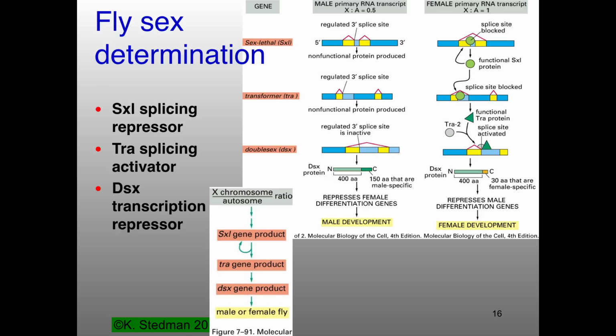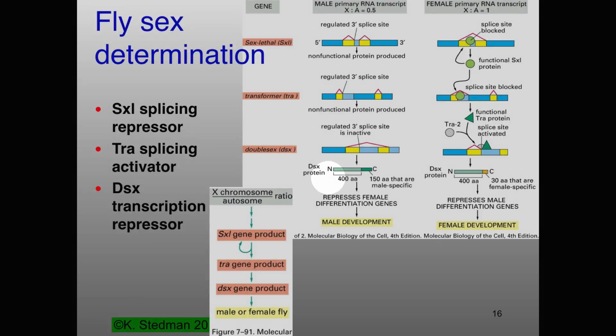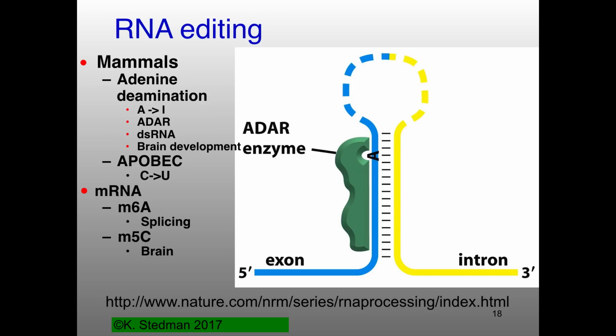But be that as it may, the important thing here is that this is regulated due to splicing. Splicing in females leads to a female-specific doublesex. No splicing in males leads to the male-specific doublesex protein.